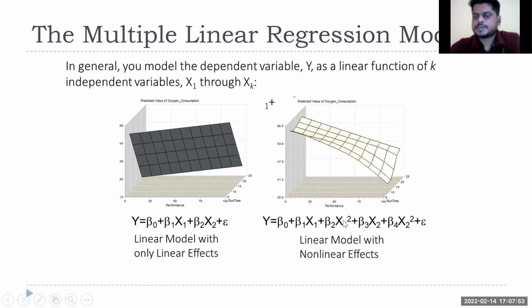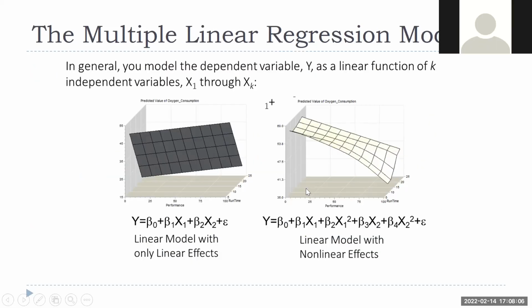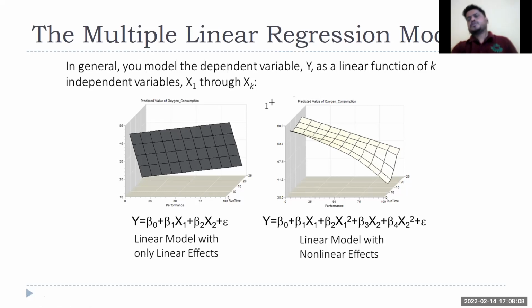So these kinds of variables have been transformed, x1 square or x2 square. What is the meaning of non-linear effects? Okay, so this is basically a polynomial model, polynomial regression you are creating.